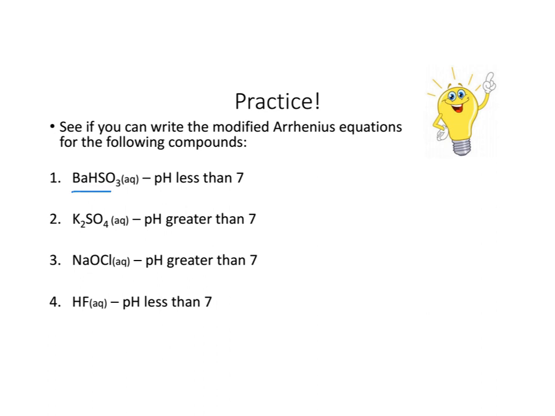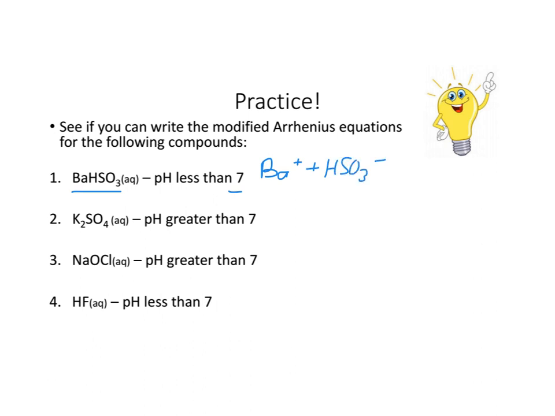Here we have BaHSO3, which has a pH of less than 7. So we know we need to produce hydronium ions because it's an acid. Our first step is to dissociate our compound into barium and HSO3 minus.